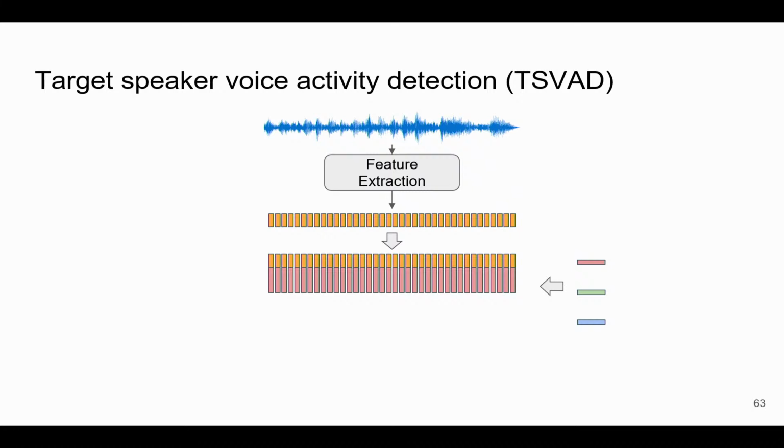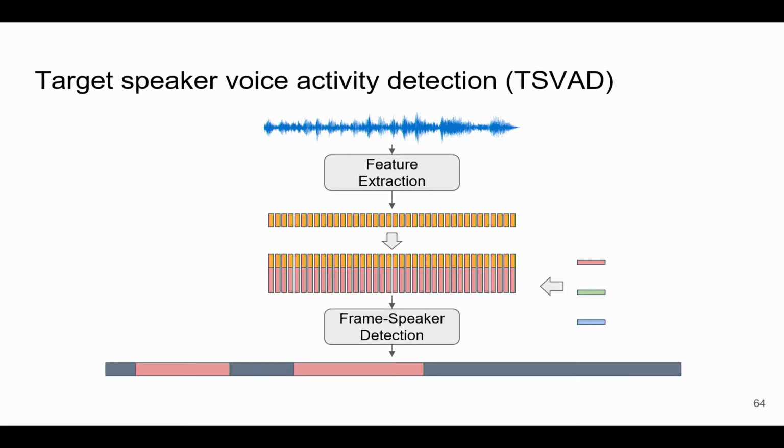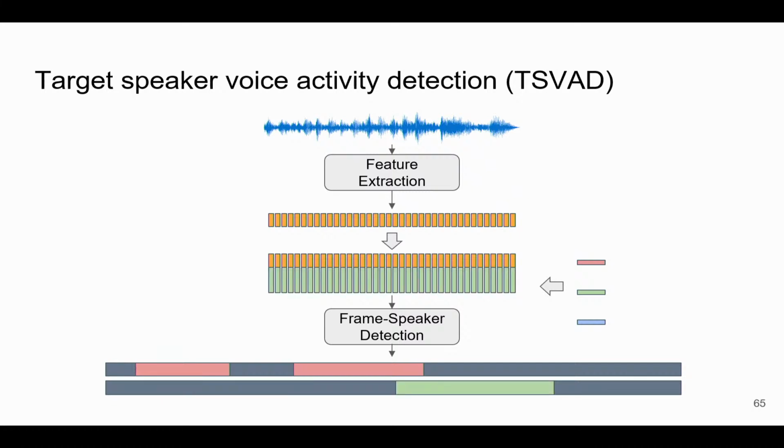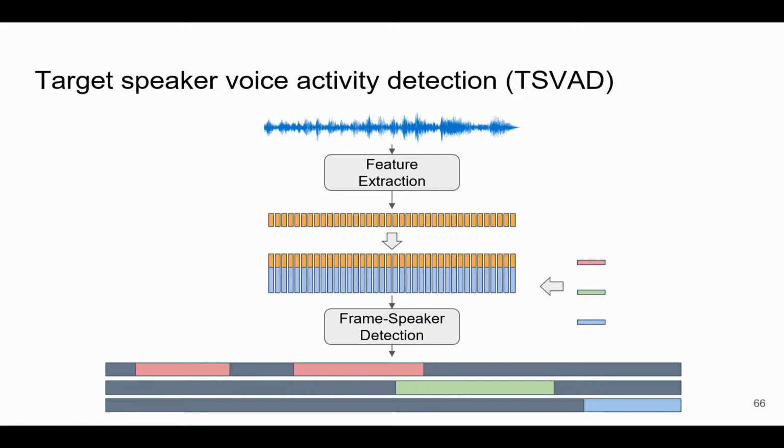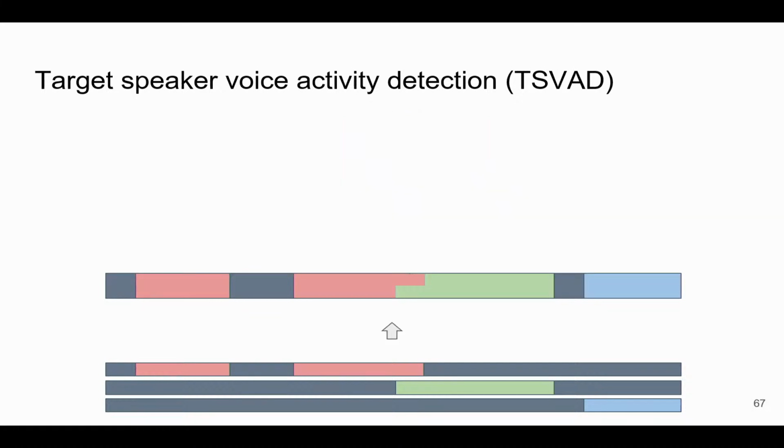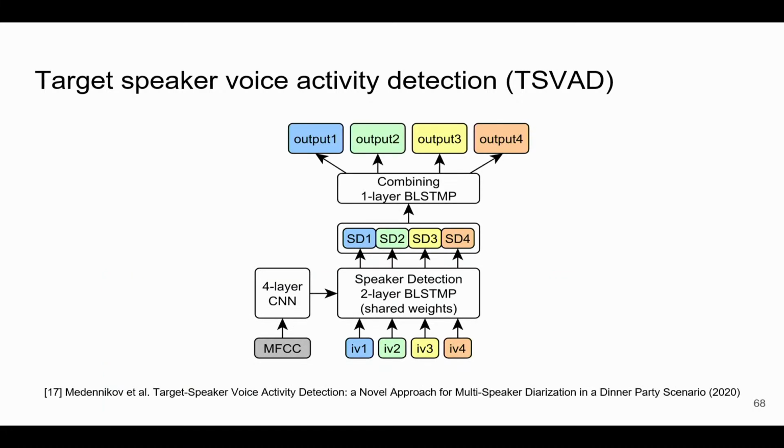You put them together with your speaker embedding and this frame speaker detection, just discussed at a high level, and you get the activities for the first speaker, then for the other one, and then finally for the third one. Independently you run for each one of them and then just combine this information. So as you see, now we can handle overlap because at some point there were 2 of them active.